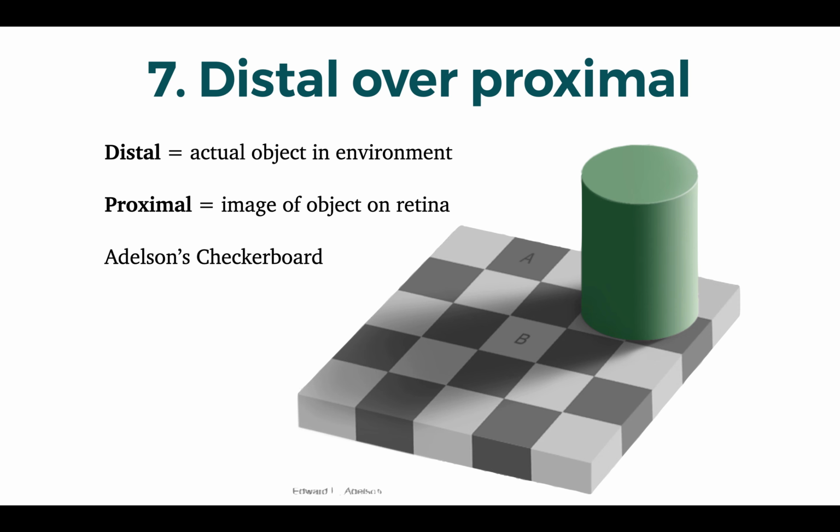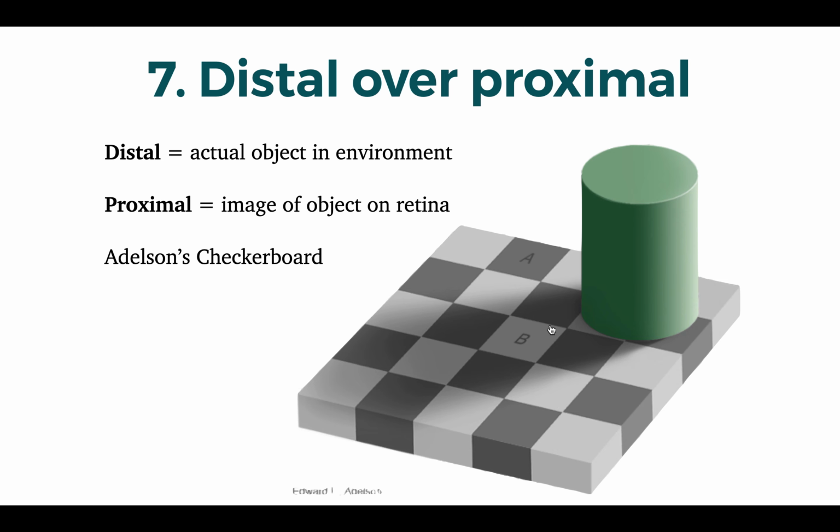So let's check out an illusion that demonstrates this. The actual object in the environment is a checkerboard with different colored checkers. There's a column here, projecting a shadow across the checkerboard.